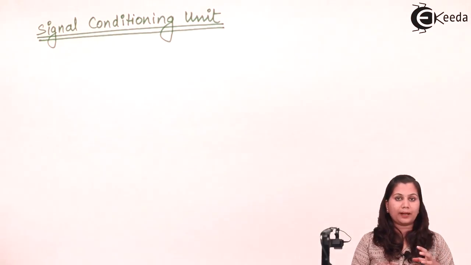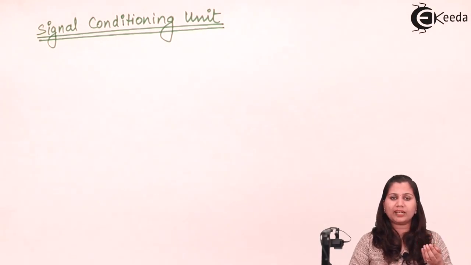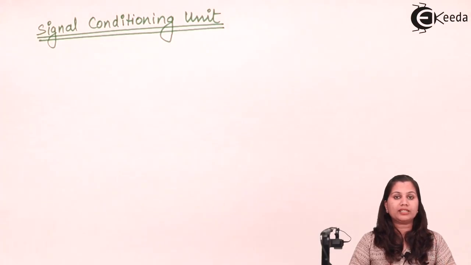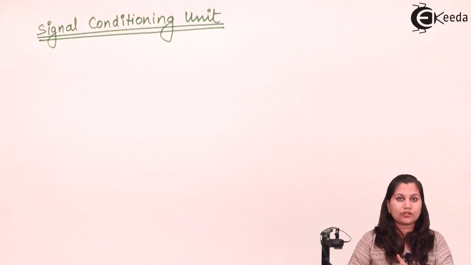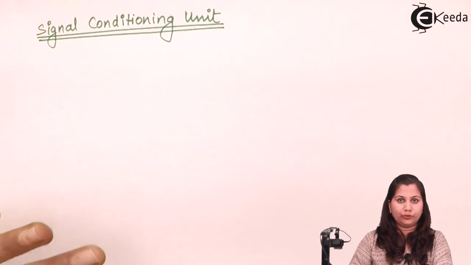Now the signals which are coming out of the transducer are electrical signals, but they are very weak signals, meaning they have very low amplitude. So to increase their amplitude, amplification has to be done. Also, if the signal contains any unwanted signal or noise, then to remove the noise and the unwanted signal, either rectification or filtration of those signals is done. All that is done in the signal conditioning unit.